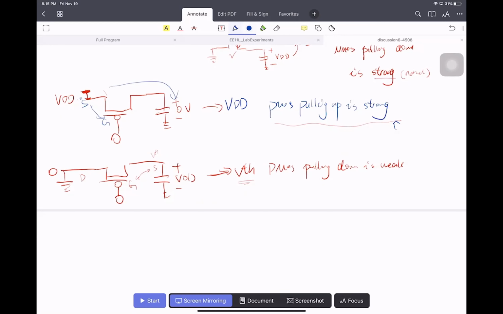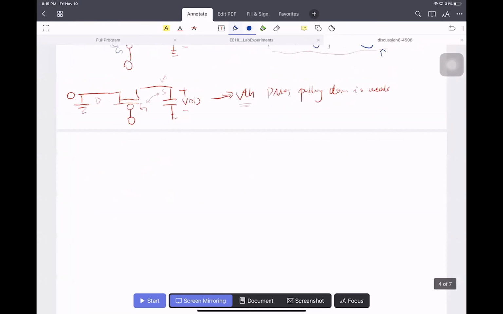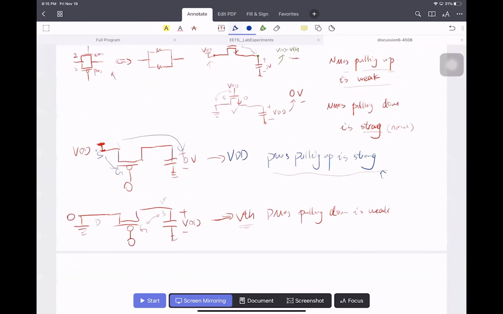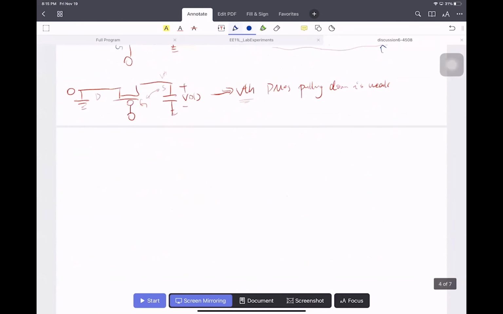Normally, if the K ratio, that is the mobility ratio between the NMOS and PMOS, is 2, we would say the equivalent resistance of the NMOS should be equal to the resistance of the NMOS when it is pulling down, because pulling down of the NMOS is when it's strong.